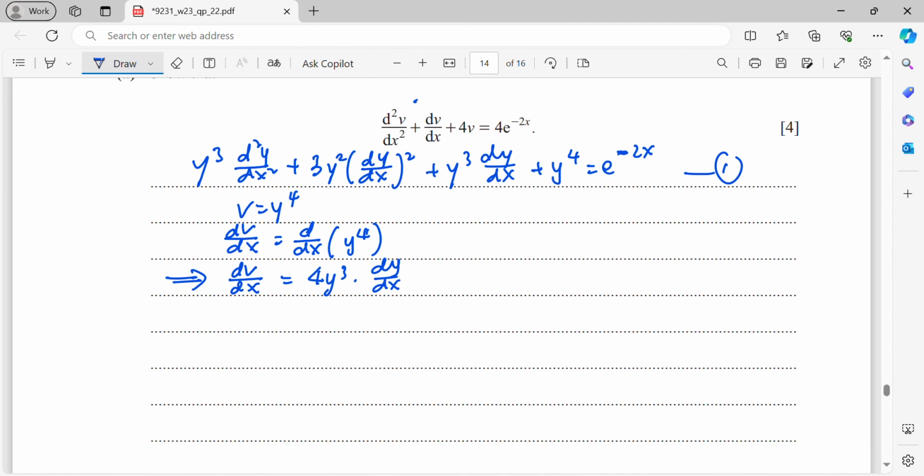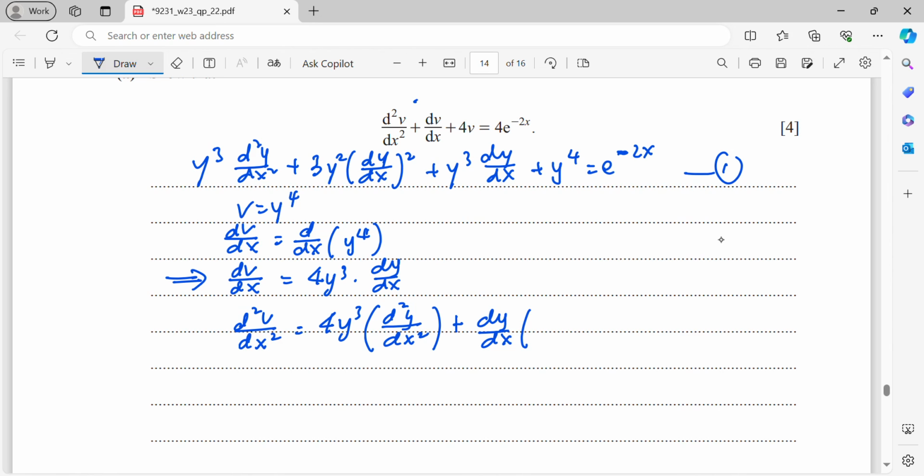Okay, so now from here, I can say my d squared v over dx squared. This is a product rule. So your u is 4y cubed, then the v is dy over dx. So now I will keep the first, differentiate the second to get the second derivative, plus keep the dy over dx and differentiate 4y cubed.